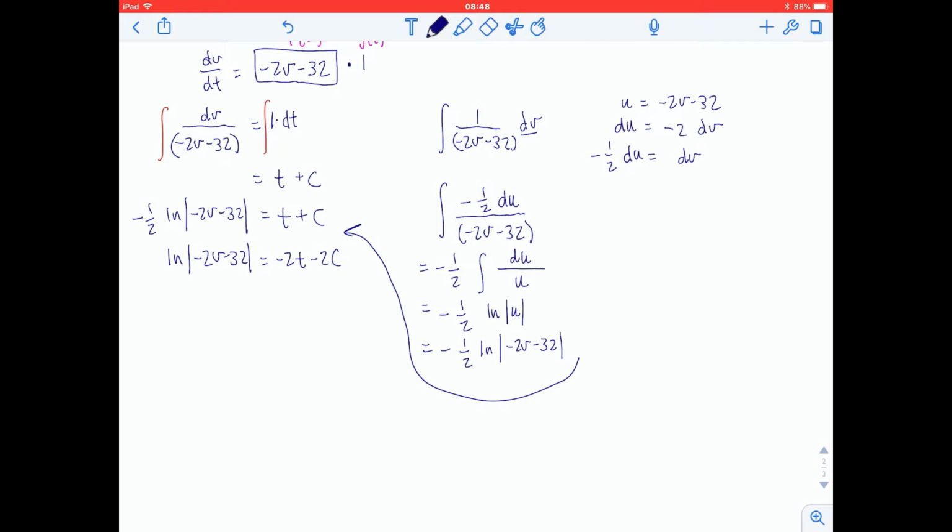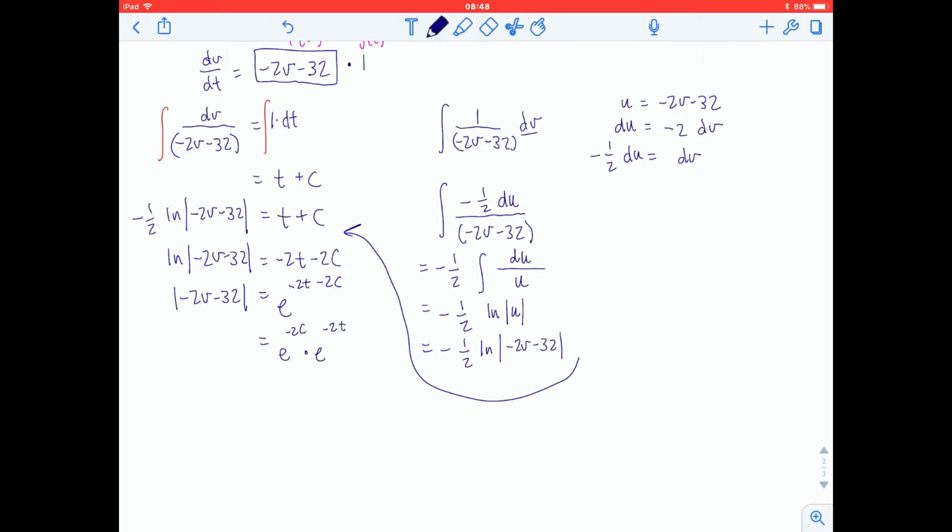Let's use that relationship between logarithms and exponents to now say that the absolute value of negative 2v minus 32 is equal to e to the negative 2t minus 2c. And I'm going to take that right side and rewrite it to say that this is e to the negative 2c times e to the negative 2t.